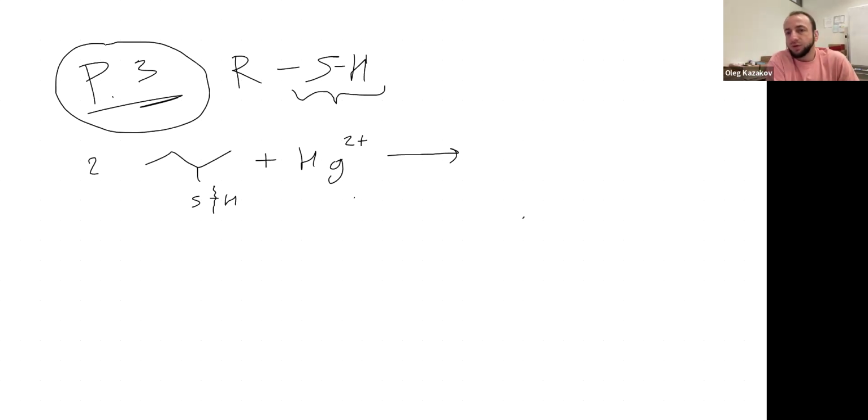So what's this molecule going to be like? It is going to be like this. Hg will form two bonds with the sulfur atoms present in the former thiol molecules. The leftover alkyl part will remain, and it will look like this. All right, so this is our molecule, our target product.